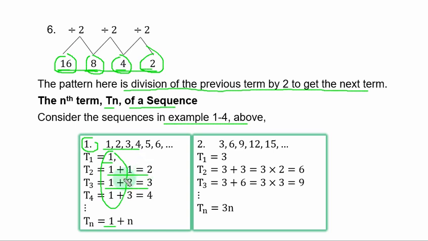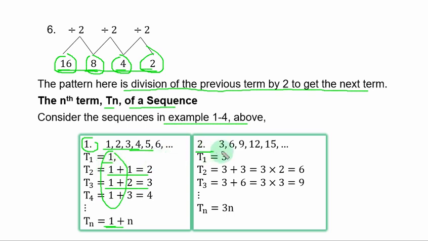When n is equal to 2, you have the third term, and so on. So this is the nth term for this sequence. For this sequence, n is 0 for you to get the first term, while in some other sequences, n can be 1 for you to get the first term.